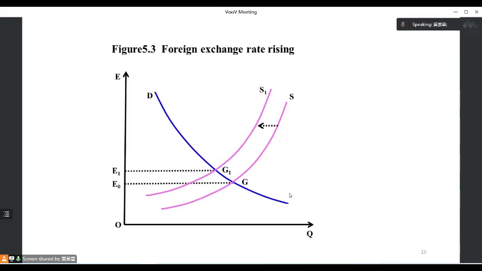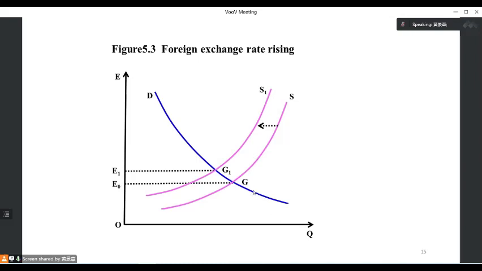There are three curves in figure 5.3. The blue curve means demand of foreign currency, and the purple curve means supply of foreign currency.